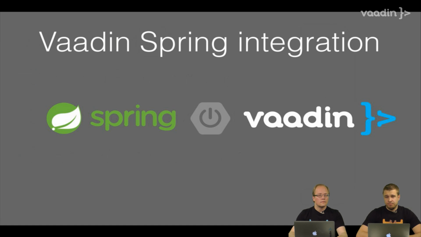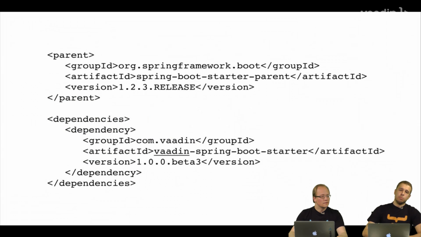Okay. So how do you then use this whole concept with Vaadin? Nowadays it's pretty simple. From the Spring initializer, if you just check the Vaadin checkbox, it will customize the POM XML for you a little bit and add one extra dependency, which is the Vaadin Spring Boot starter.